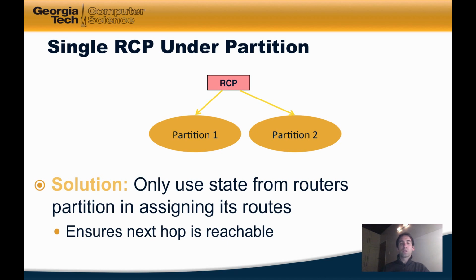You can intuitively see why, because if the RCP never assigned a route learned from partition 2 to a router in partition 1, then effectively partition 1 and partition 2 are simply acting as independent networks with a common routing control platform.